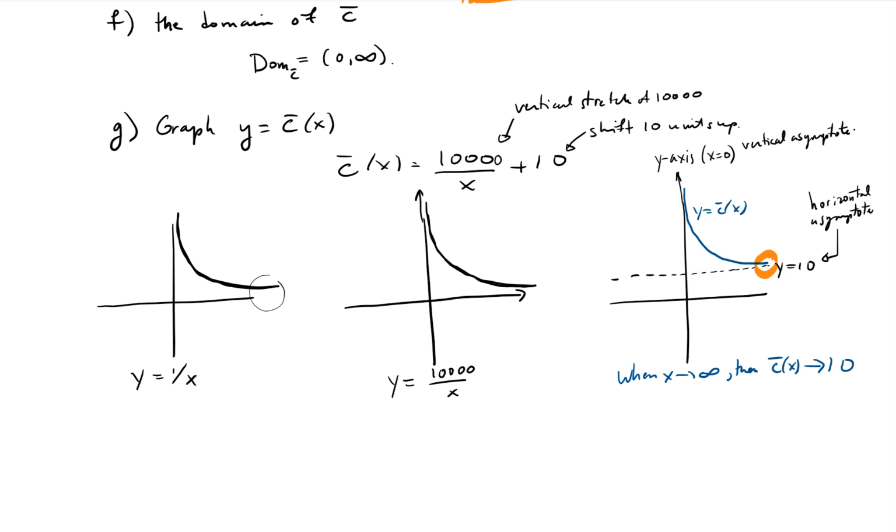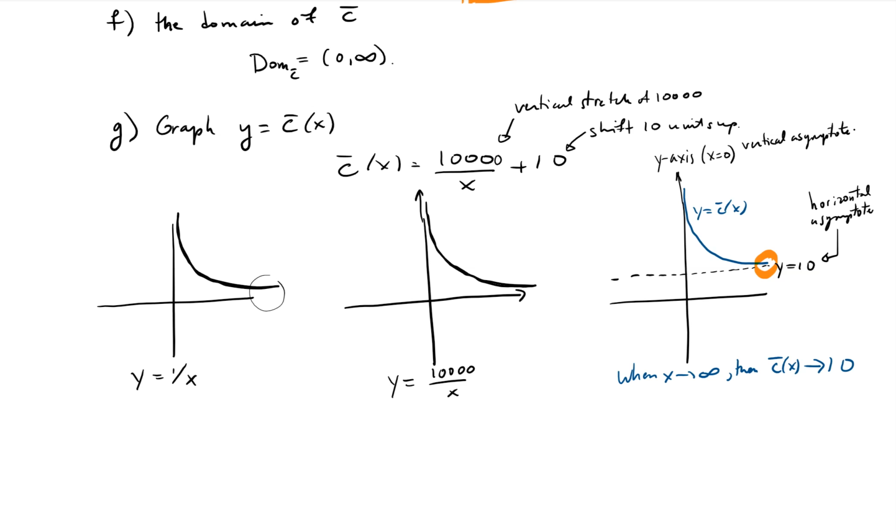There are many ways you can have a vertical asymptote. You can have a function that goes to infinity on both sides of the asymptote. Of course, it could also go to positive infinity on one side and negative infinity on the other. So all of these are possible for your vertical asymptote.